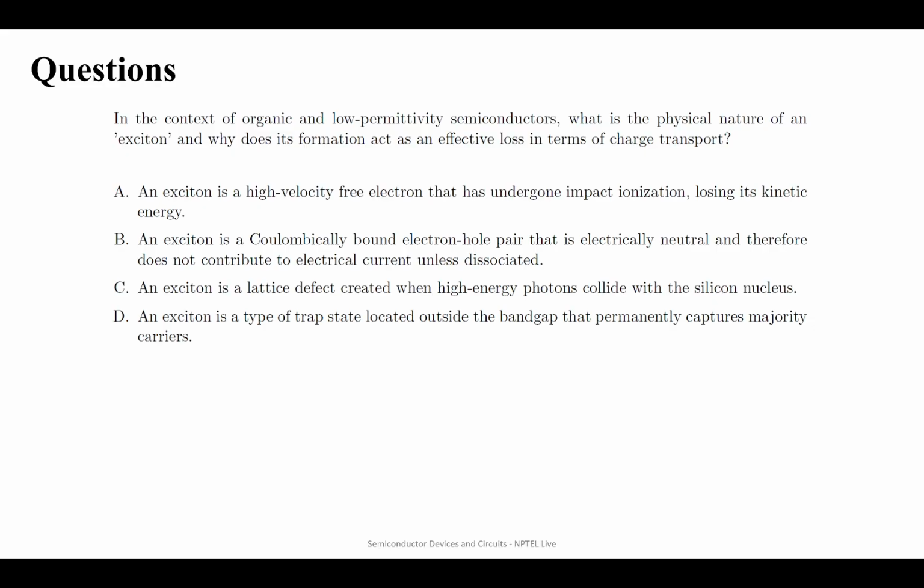An exciton is a coulombically bound electron-hole pair that is electrically neutral and therefore does not contribute to electric current unless dissociated. An exciton is a lattice defect created when high energy photons collide with the silicon nucleus. An exciton is a type of trap state located outside the band gap that permanently captures majority carriers.